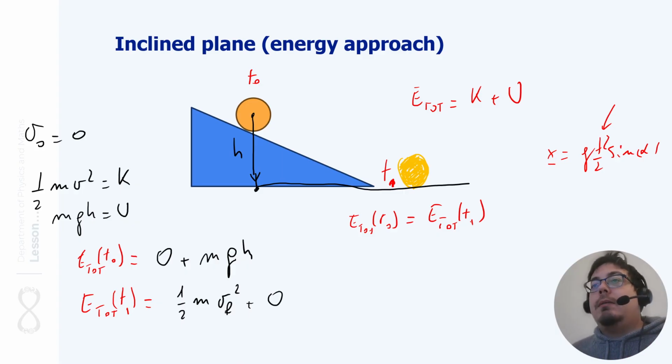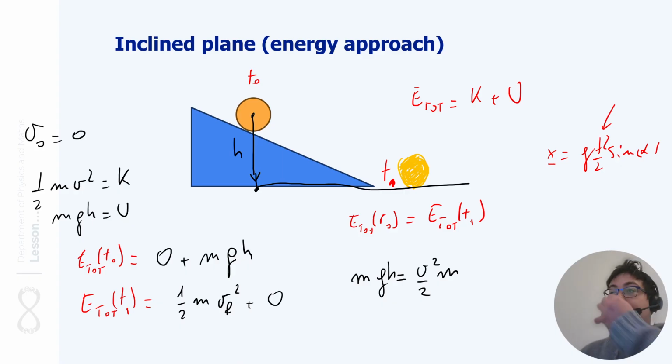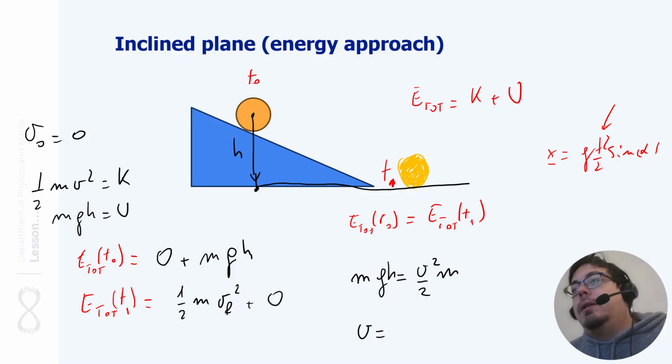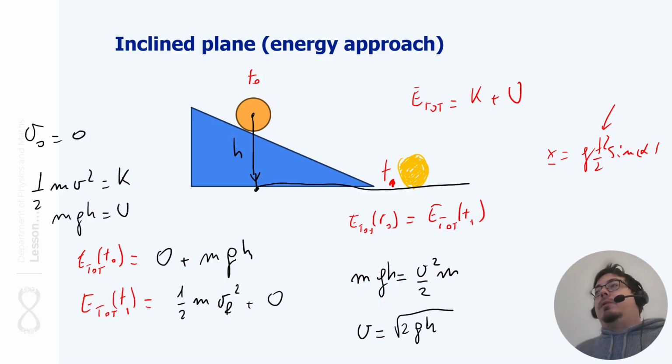So we can see that m g h is equal to m v squared divided by 2, and we can find the velocity. We can see that the velocity that we find at the end is equal to the square root of 2 g h.